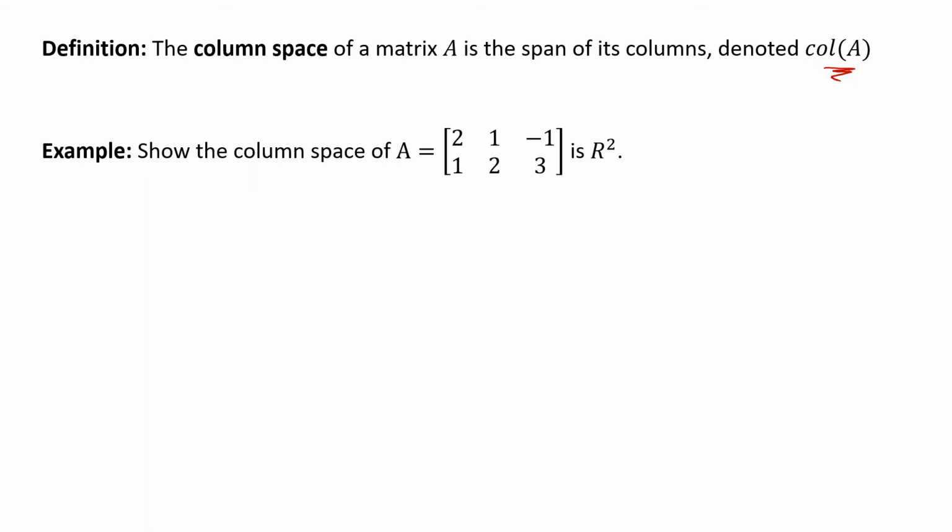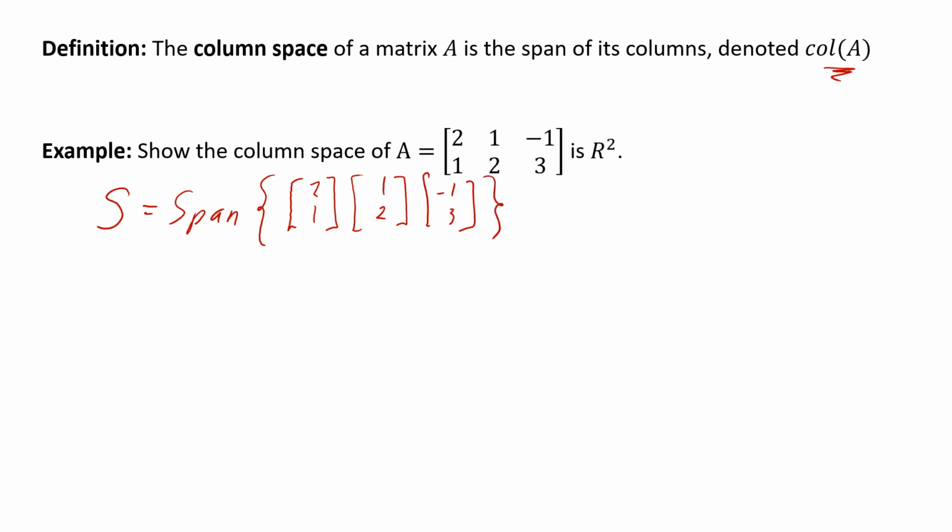So for example, show that the column space of this matrix is R2. In other words, that it's everything in R2. So the column space is equal to the span S, which is the span of (2, 1), (1, 2), and (-1, 3).